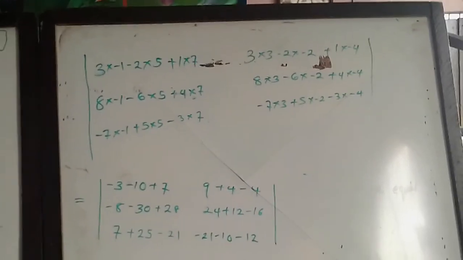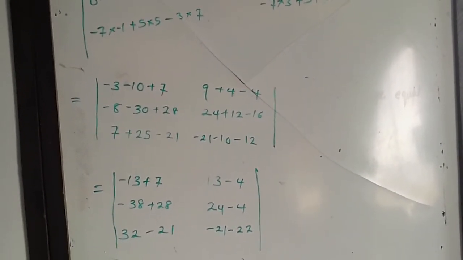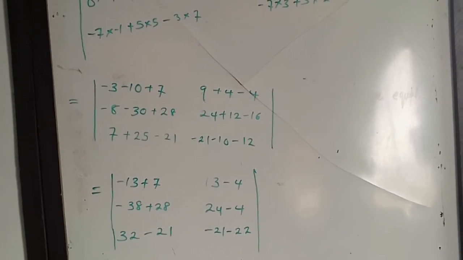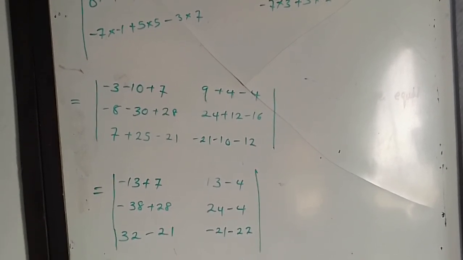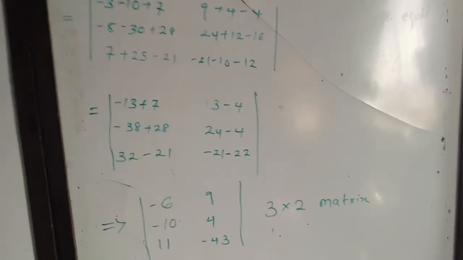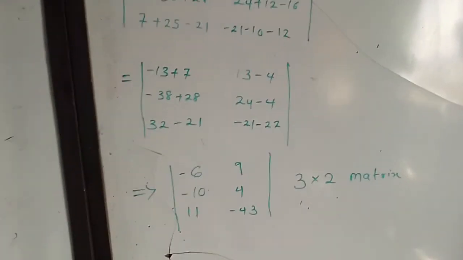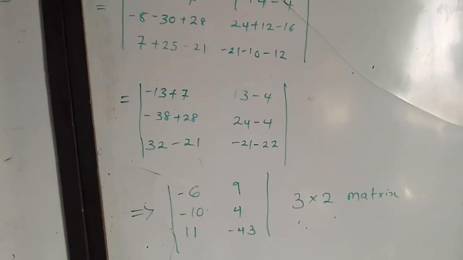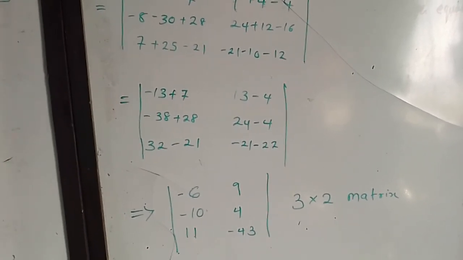So when you are done, you are going to have minus 3, minus 10, plus 7, then you come down again. That's when you are going to have minus 13 plus 7. You come down again, you are going to have minus 6, 9, minus 10, 4, 11, minus 43. That is the final answer for AB.